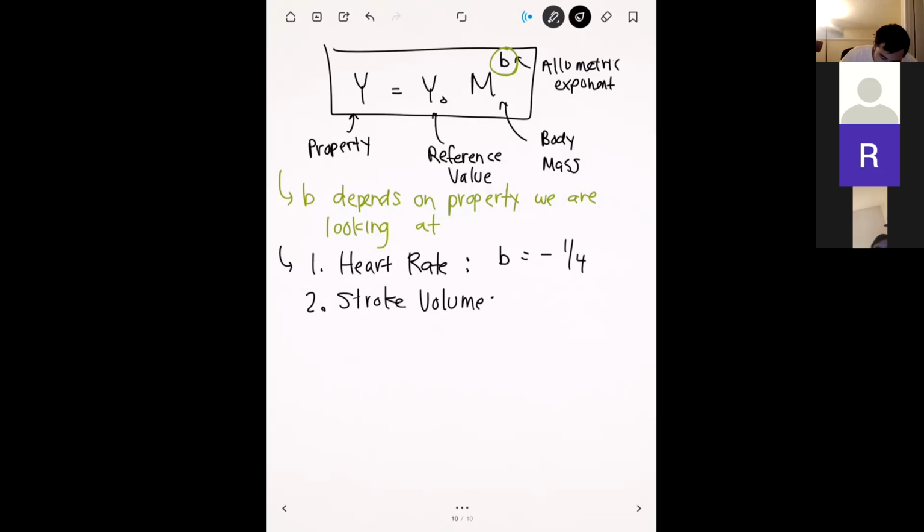All right, so next is stroke volume. You can think of stroke volume as the amount of blood that gets pumped out in every heartbeat. The b value for stroke volume is equal to 1. I don't remember if we covered stroke volume yet, but it is the amount of blood output in one heartbeat.